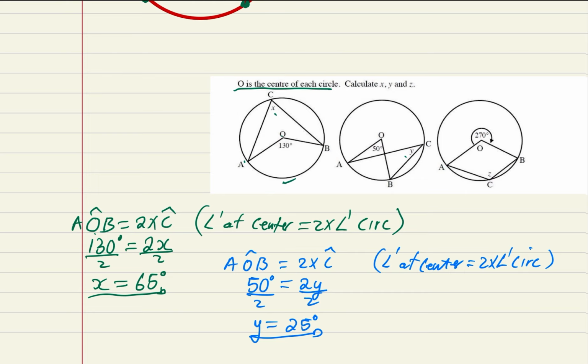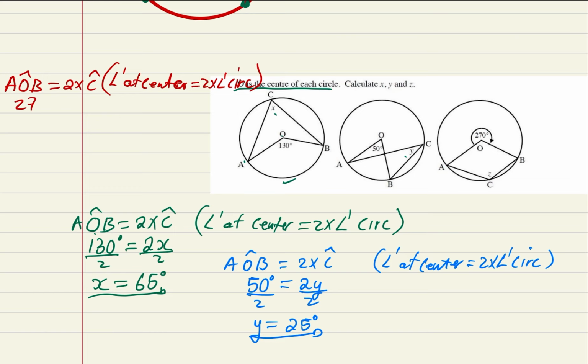Okay, we can also go about finding Z. Let's go for it. I'll try to write here. I will have angle AOB is equal to 2 times angle C. What's the reason, guys? Angle at the center is equal to 2 times angle at the circumference. Okay, what is AOB?